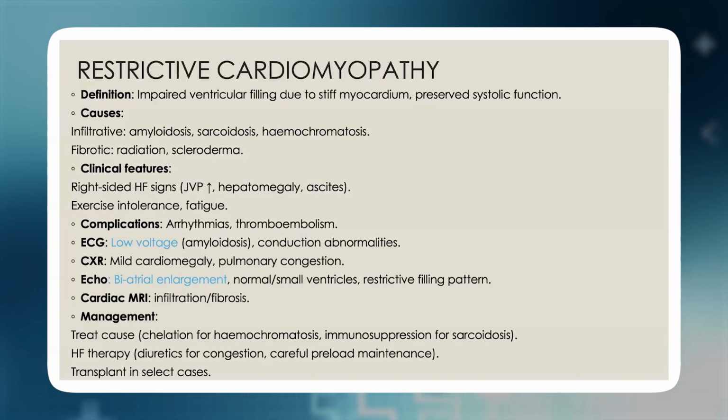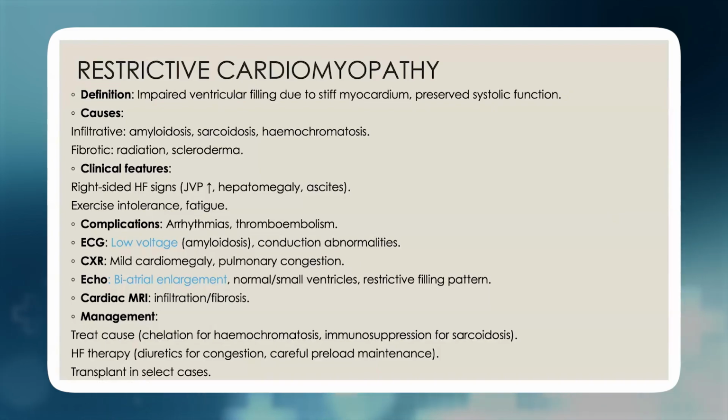They are very highly prone to develop AF, atrial fibrillation, and hence thromboembolism. ECG shows low voltage complexes and there can be conduction abnormalities. Anything that messes up the cardiac muscle can have conduction abnormalities. Echo, these are typical findings of restrictive cardiomyopathy.